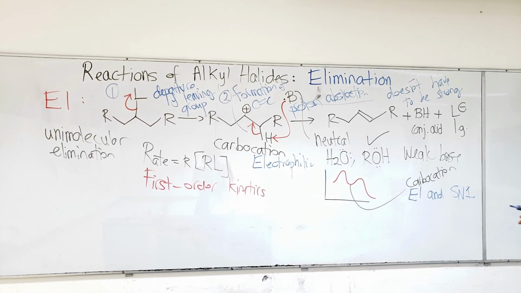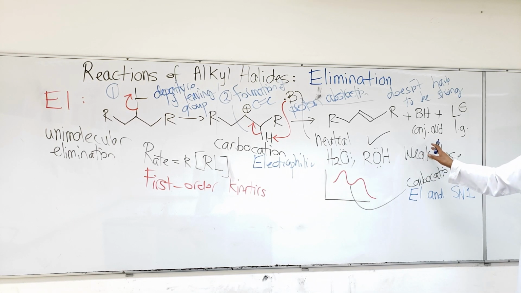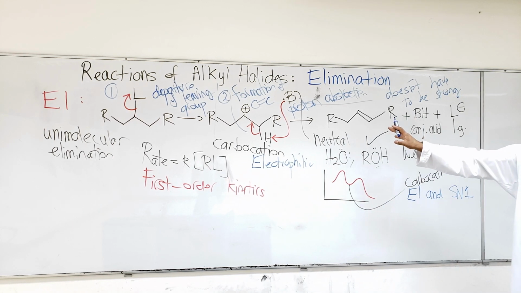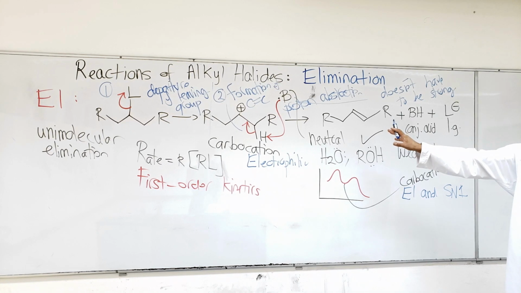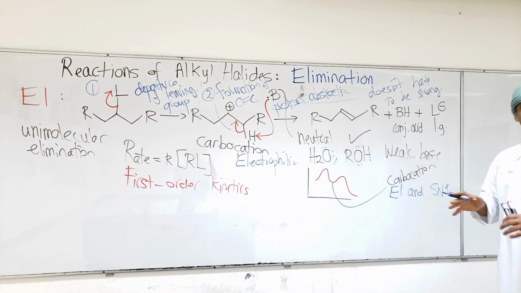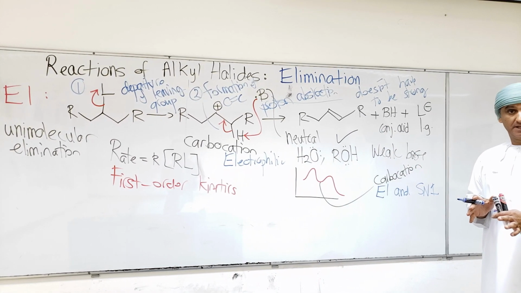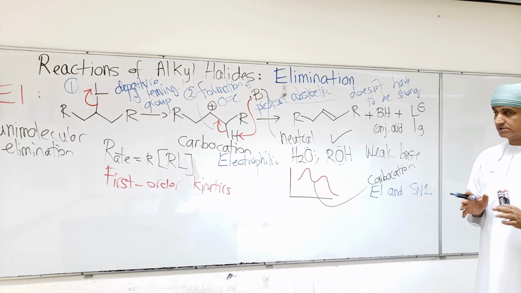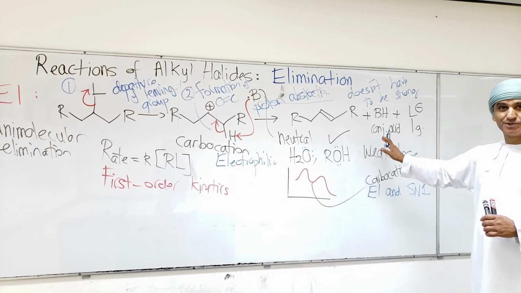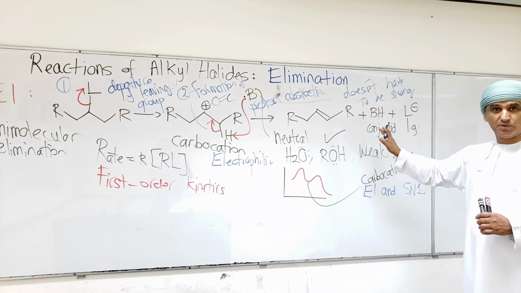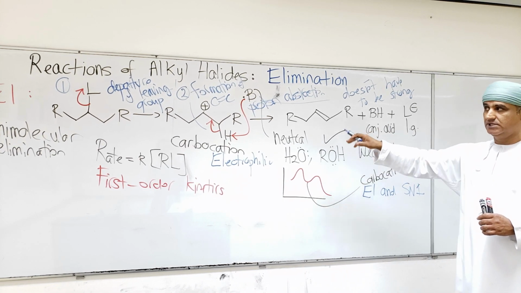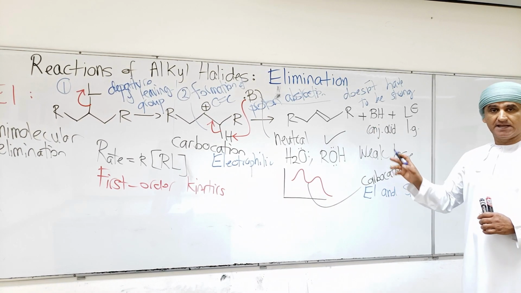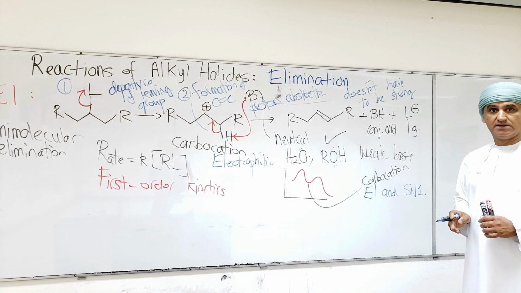A last piece of information is that these weak bases, which are suitable for the E1 reaction, can also do SN1. And this is very, very important: weak bases are also weak nucleophiles. So weak bases cannot only do E1, they can actually do SN1.